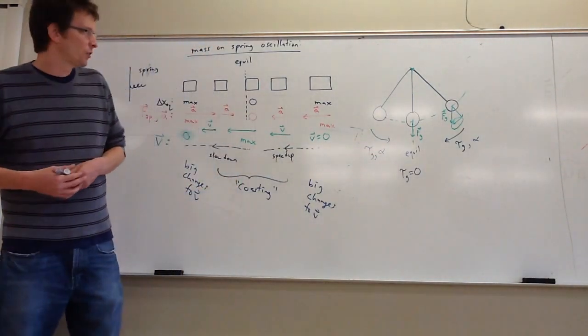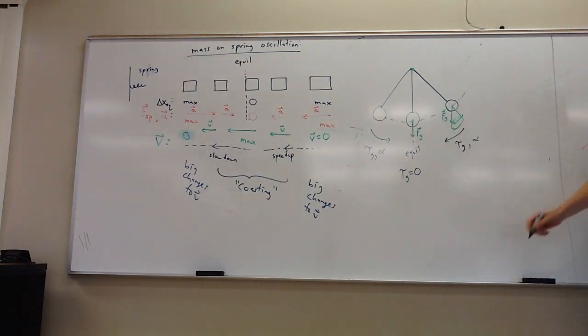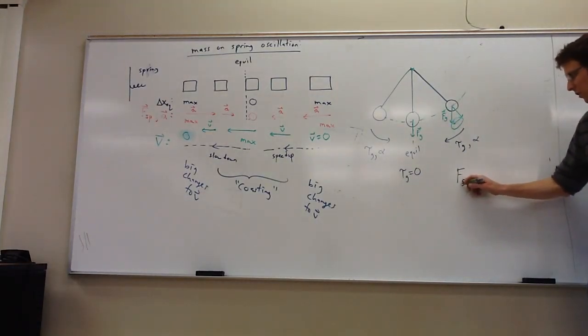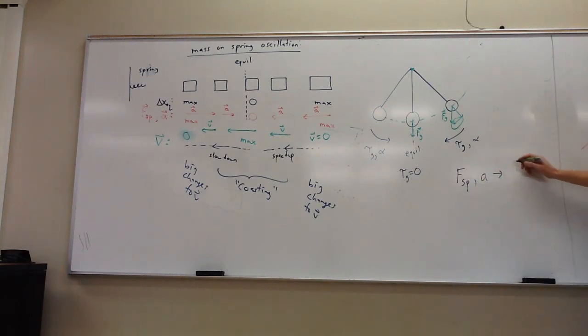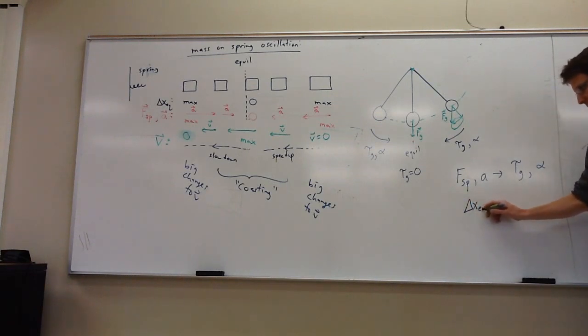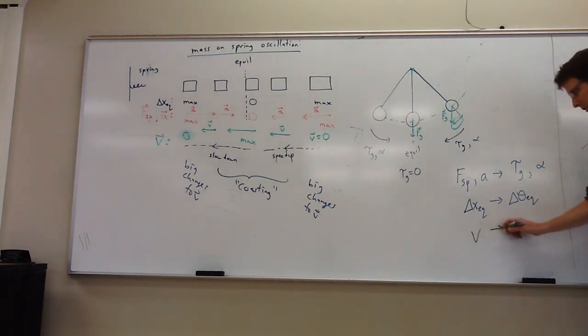So all you really have to do to understand the profile of a pendulum is switch your force and acceleration to gravitational torque and angular acceleration. Instead of displacement from equilibrium, angular displacement from equilibrium. And instead of v, omega.